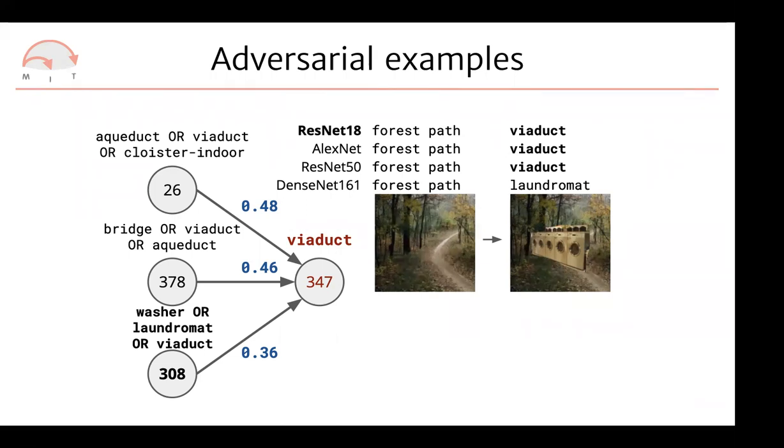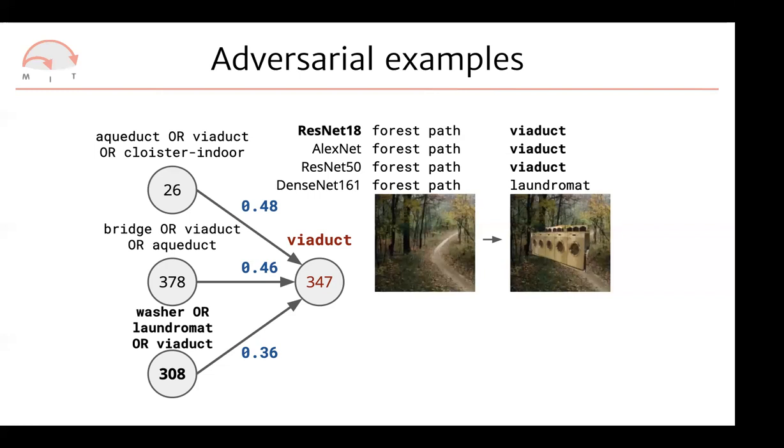One explanation of what's going on here is that what this feature is actually recognizing is circles or arch shapes in between white things, and that is a reasonable perceptual abstraction, a description of both a viaduct and a washing machine. And therefore, when you see that high-level perceptual pattern in an outdoor scene, you want to classify it as a viaduct, and when you see it in an indoor scene, you want to classify it as a washing machine.